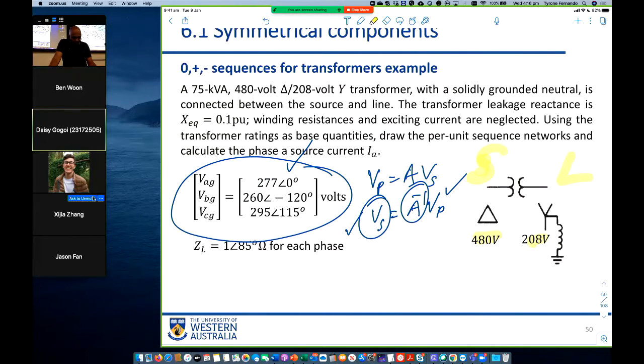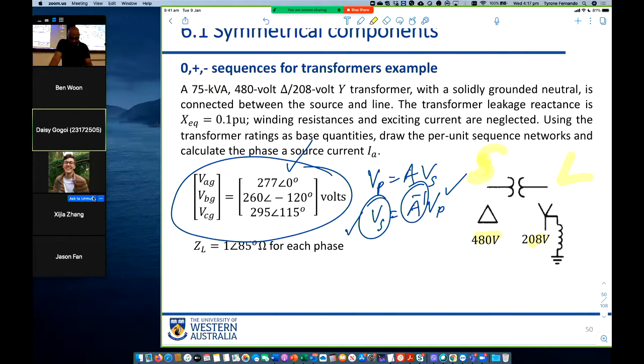The transformer leakage reactance is 0.1 per unit. Winding resistance and excitation currents are neglected. So there is no shunt branch because there is no excitation current, and there is no winding resistance. The series impedance is just the leakage reactance. Using the transformer ratings as base quantities, draw the per unit sequence networks and calculate the phase A source current IA.